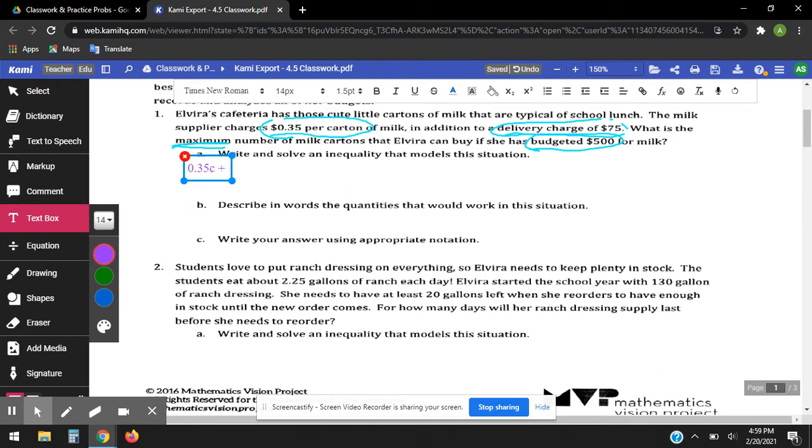And then it says, in addition to a delivery charge of $75. No matter how many cartons she gets, she's got to pay that 75. So that's kind of our truck shows up, they pay 75, then they're going to get so many cartons of milk at 35 cents each. So 35 cents is repeating, 75 is a one-time thing.